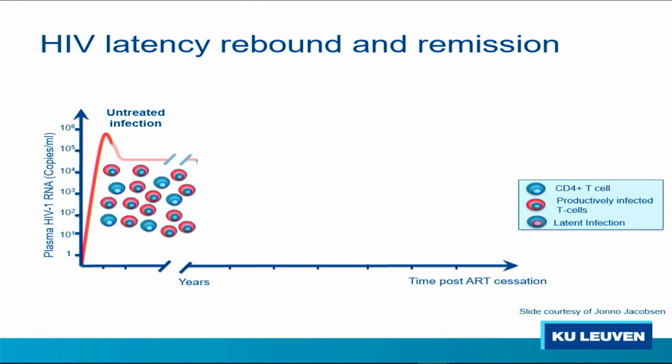Okay, but now the real topic of today: what about an HIV cure? I guess you may know the issue of HIV latency. In untreated patients, they have a high viral load, shown here on the y-axis, and you see that a lot of these cells are red, they are productively infected. It means that HIV is producing new virus particles.